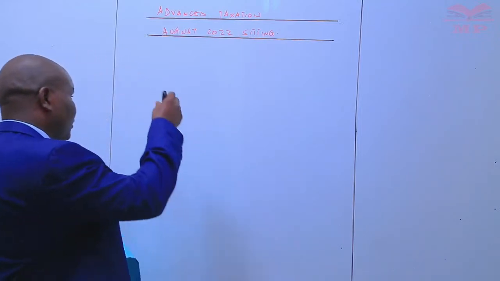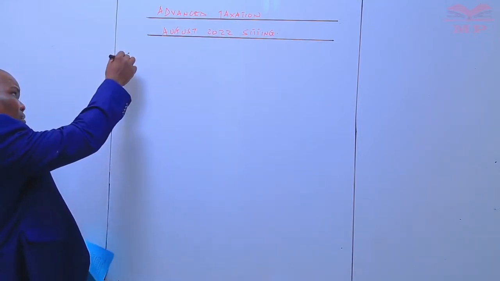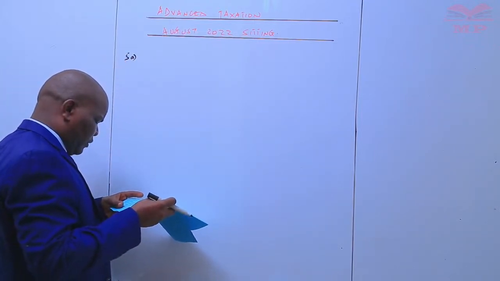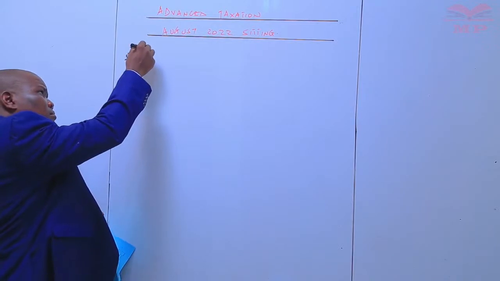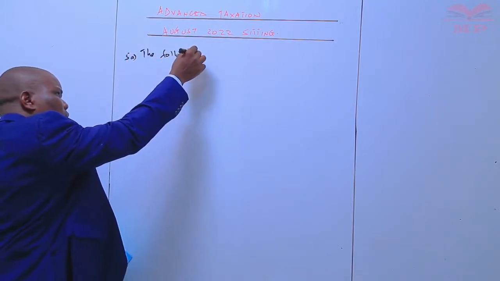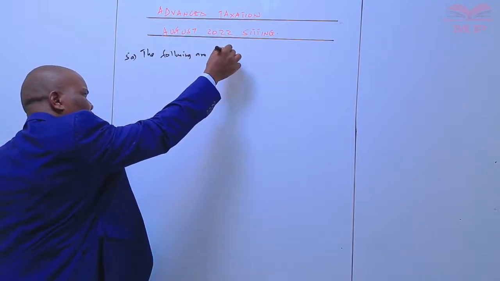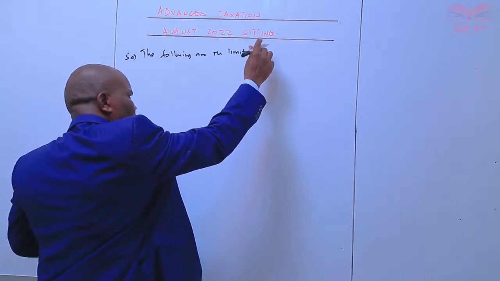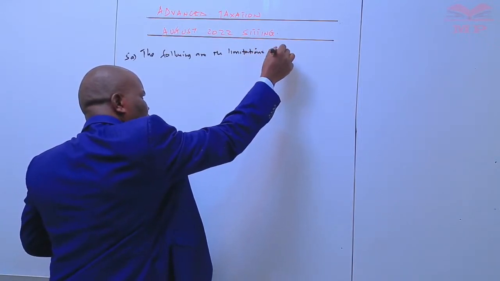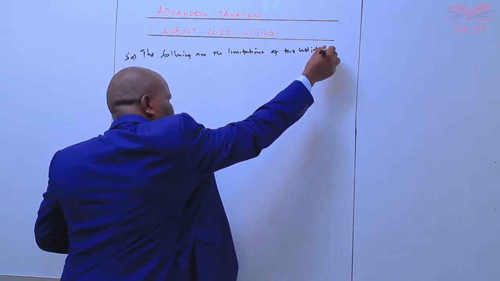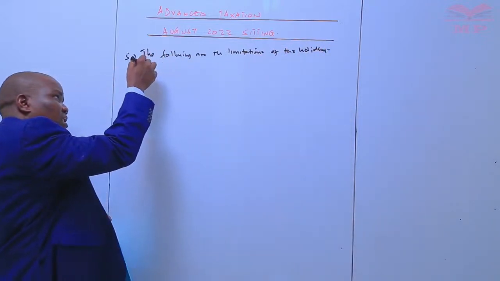So we are answering question 5, part A. So you can say, for example, the following are the limitations of tax holidays in developing countries.